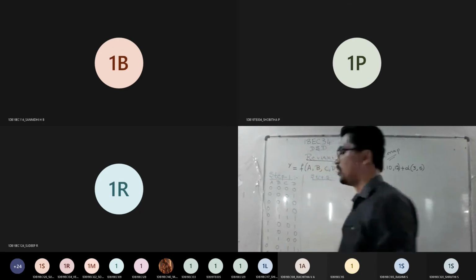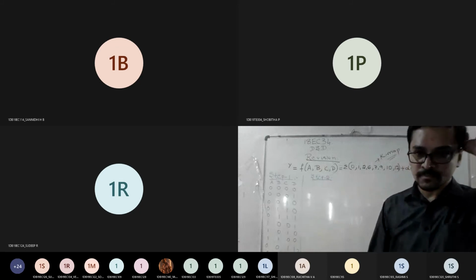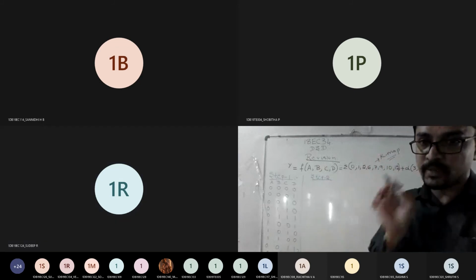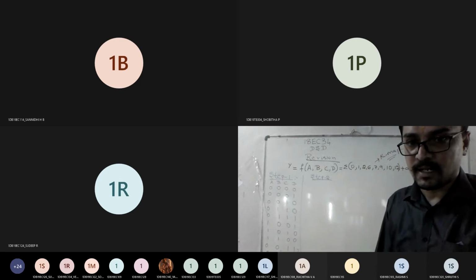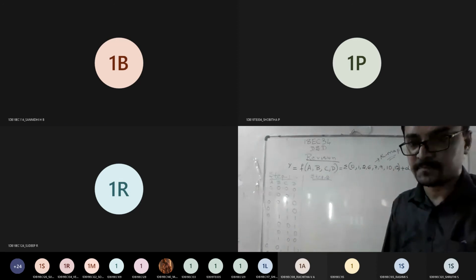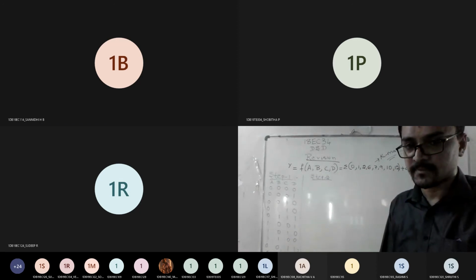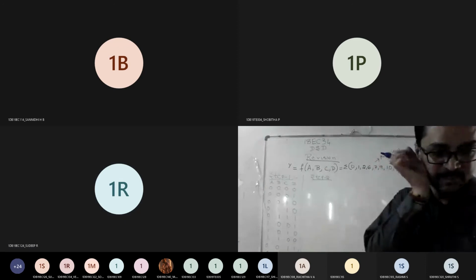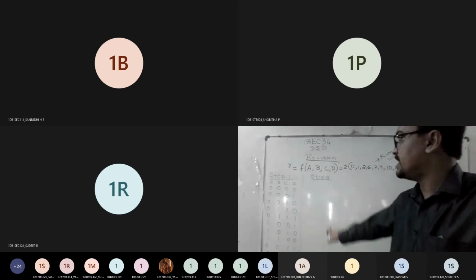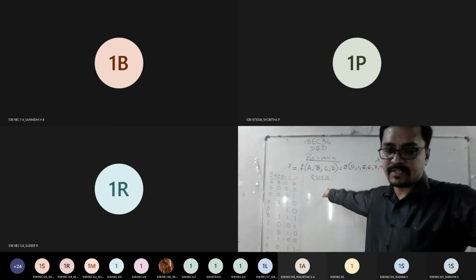Now step 2: grouping. You need to count the number of ones, and it should be in ascending order. So you can write the headings as two columns: minterm and binary representation.